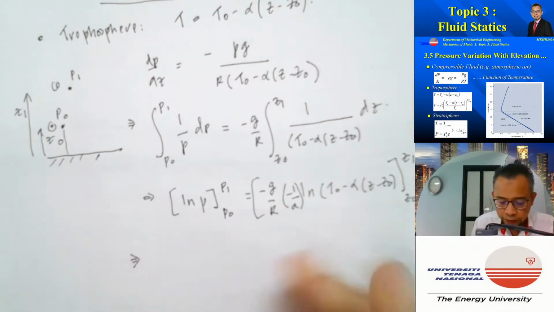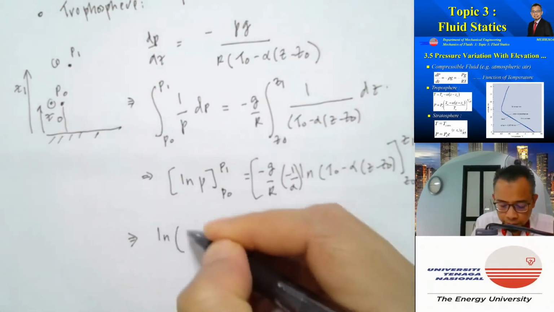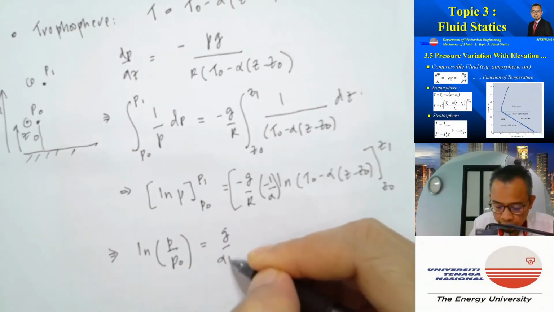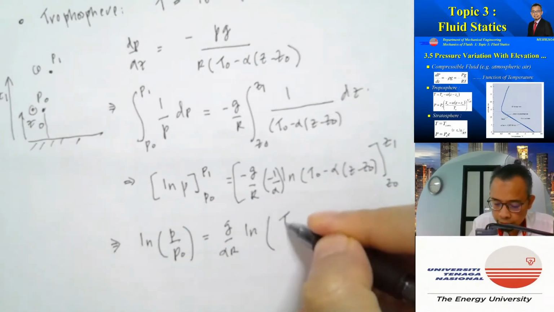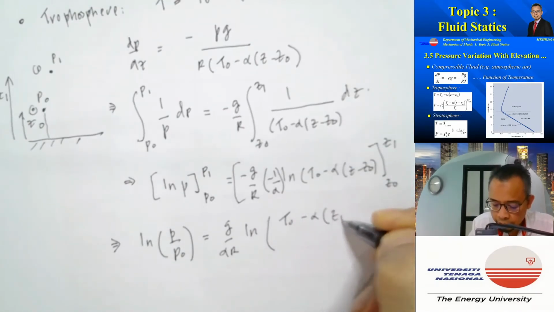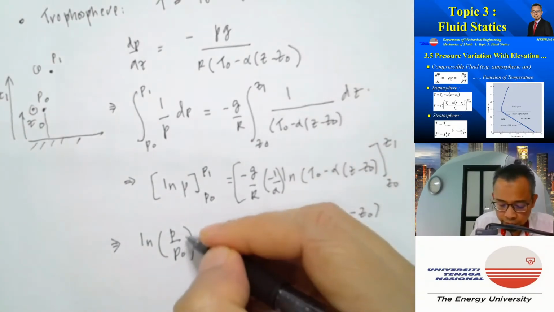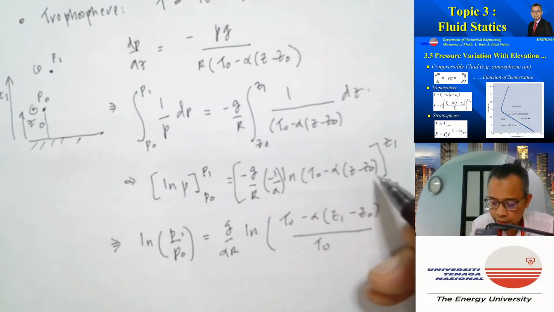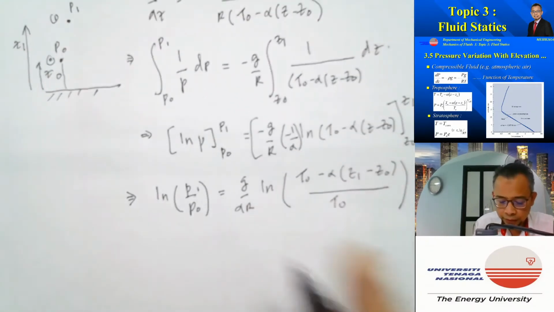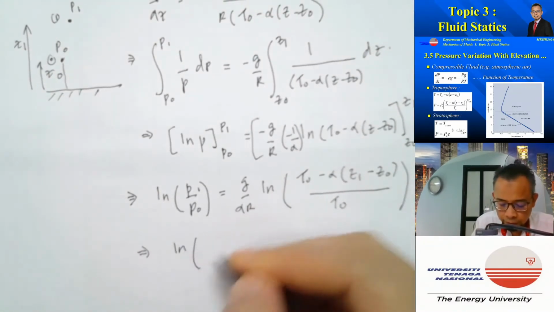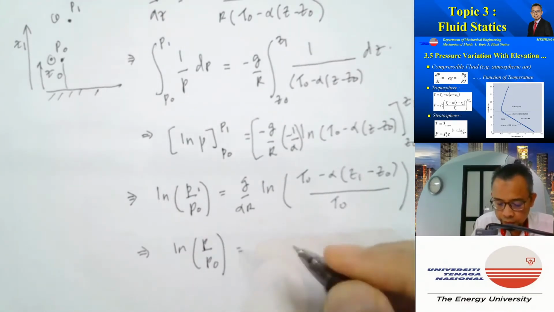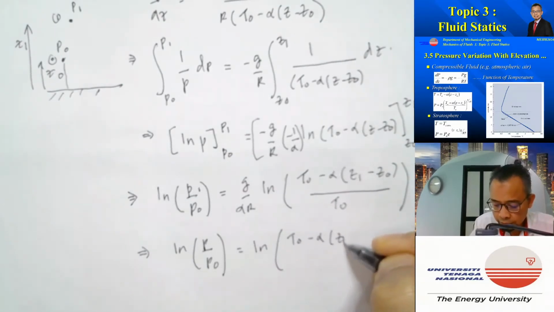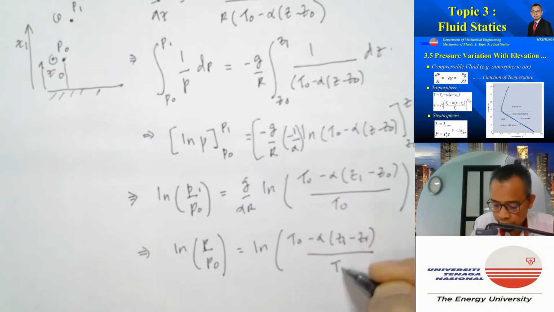So log P over P0 is equal to g over alpha R times log of T0 minus alpha (z1 minus z0), over T0, because z0 minus z0 is 0. So we have log P1 over P0 is equal to g over alpha R times log of (T0 minus alpha (z1 minus z0)) over T0.